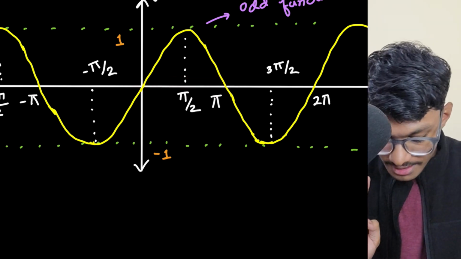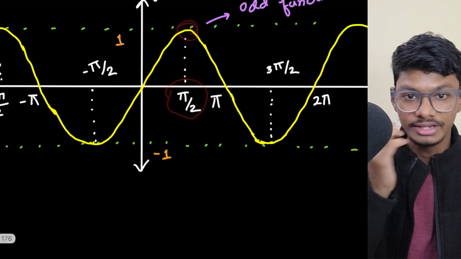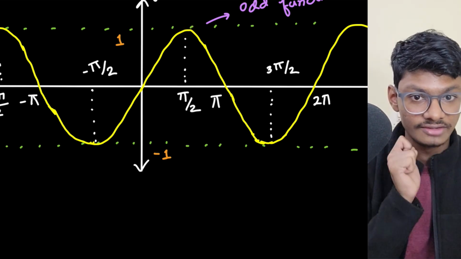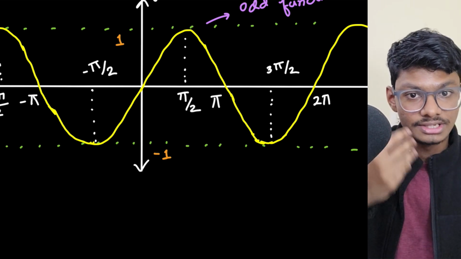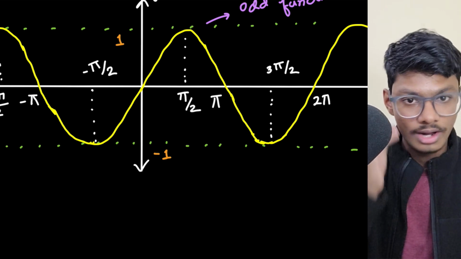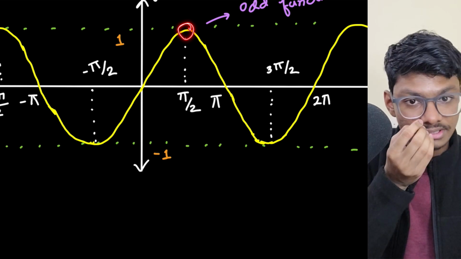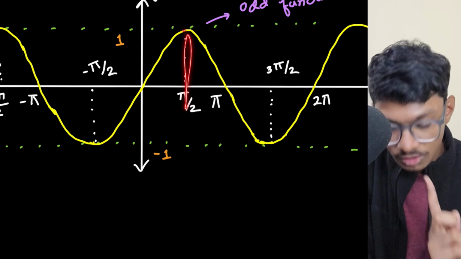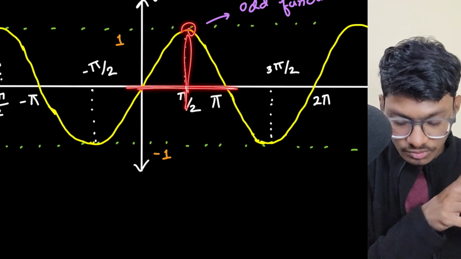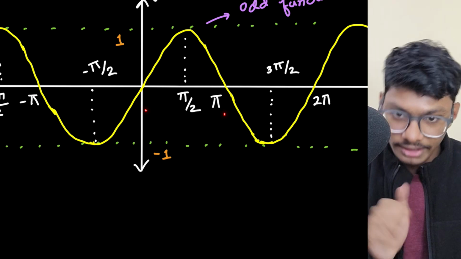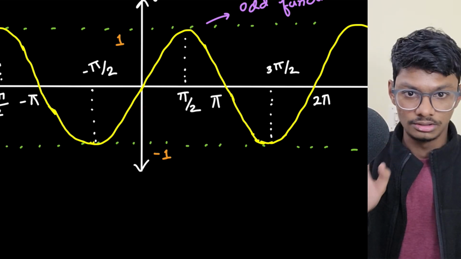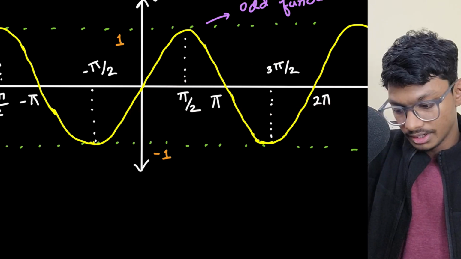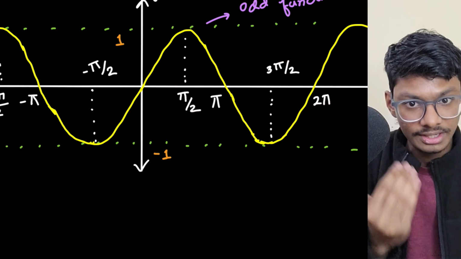But when x is pi by 2, sin x is exactly 1, and the definition is the greatest integer less than or equal to x, so it is an integer and will be exactly 1. For this single point it will be 1, and for the rest it will be 0. So from 0 to pi we got our waveform, and it will be periodic because sin x is periodic, so the greatest integer of sin x will also be periodic in nature.